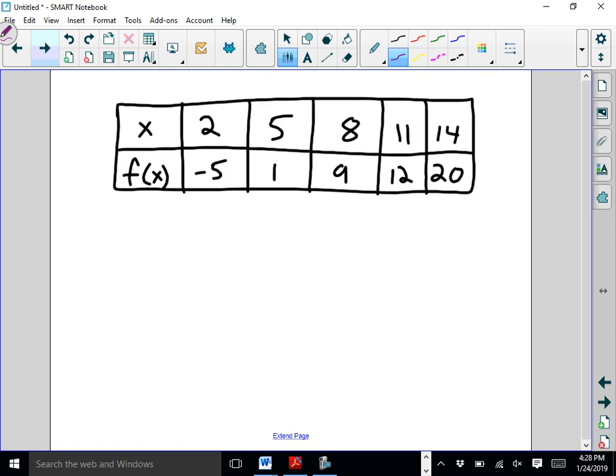Okay, so I'm going to do an integral estimation with all 4 different ways that we know. Okay?